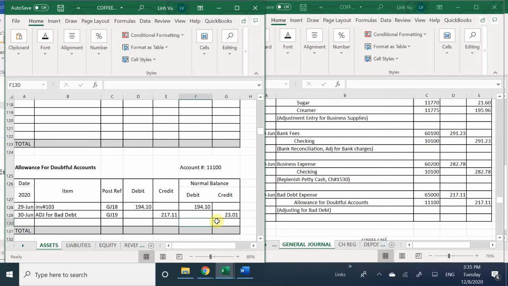Because I have a pre-existing uncollectible debt, not only am I including this, I'm also including 5% of my current accounts receivable. So I need to add them together to get my end goal of writing off that 2301 for my existing accounts receivable. And that's how you do bad debt expense.